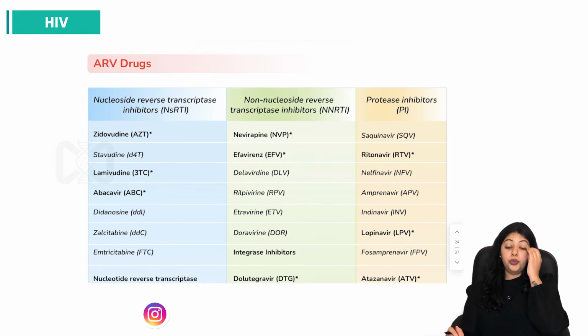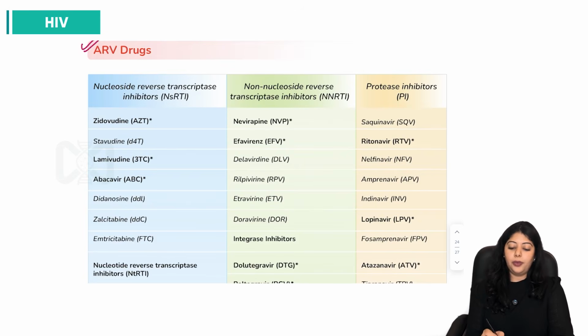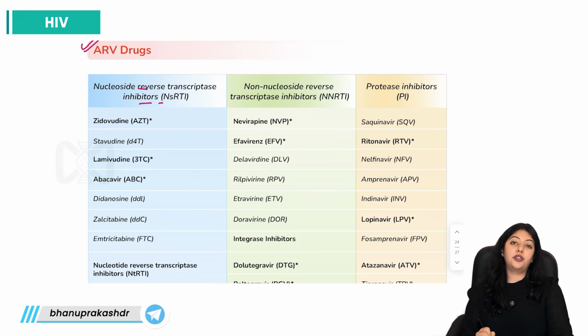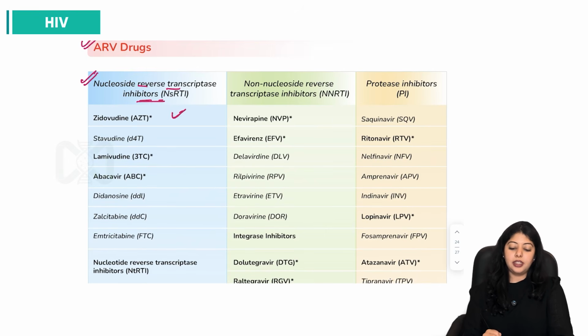Now moving on to the important ARV drugs and the ones which are included in the national guidelines as well. So we'll be talking about these different categories first. We have the nucleoside reverse transcriptase inhibitors, and the most important ones are zidovudine, abacavir, and emtricitabine.